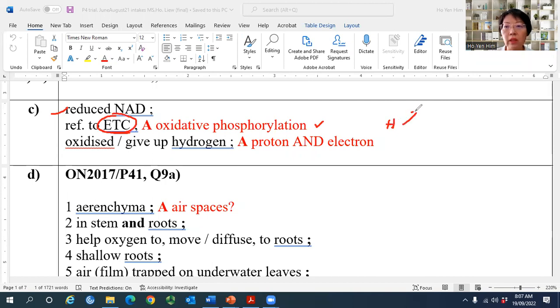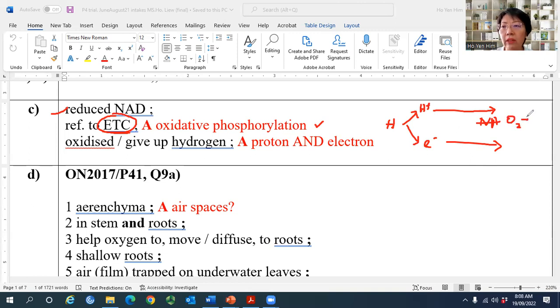After that, it will split into H plus and electron. And electron will continue to be transported by the ETC. Whereas H plus will now be found in the matrix of mitochondrion, and eventually is the oxygen.